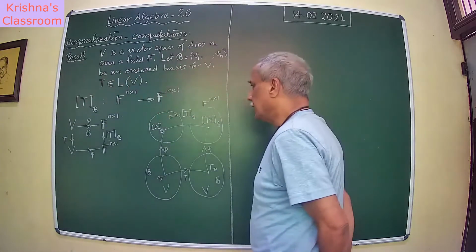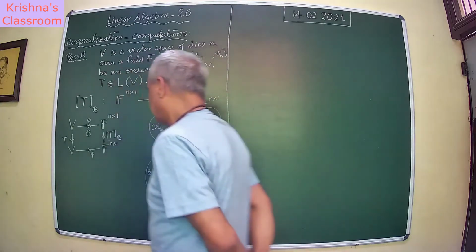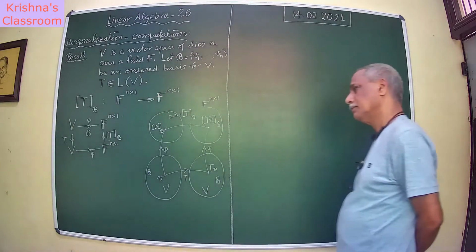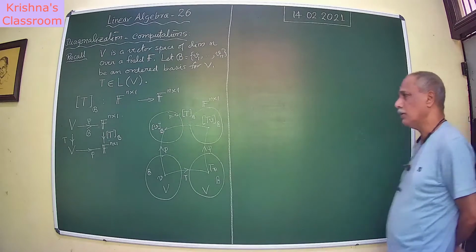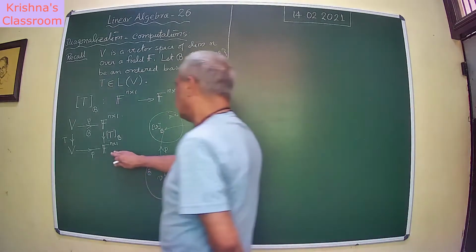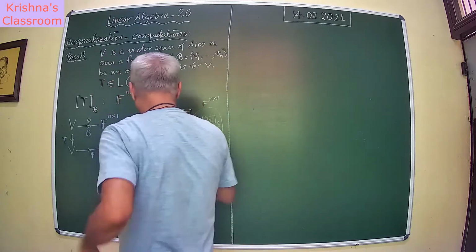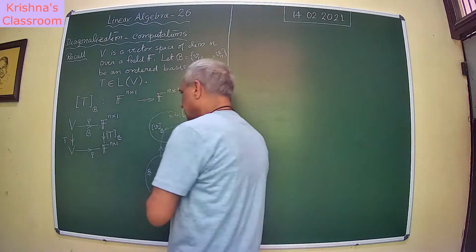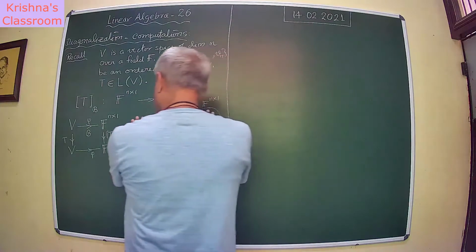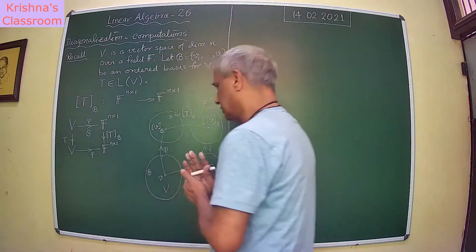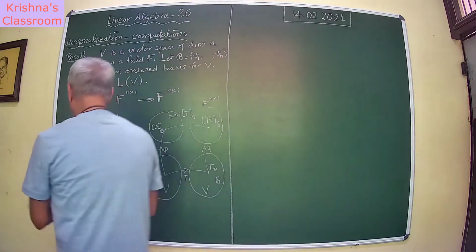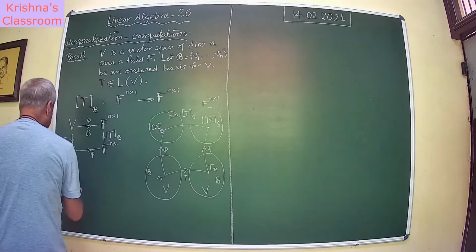So this is the diagram that we have drawn. And therefore, now we concentrate on the map from Fn cross 1 to Fn cross 1. We don't bother about this for the moment, because we know that once we resolve things here, we can always go back there.